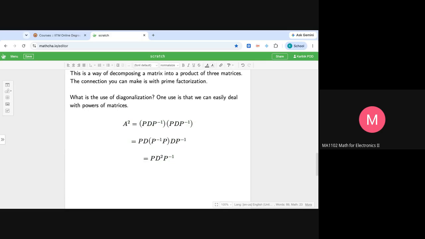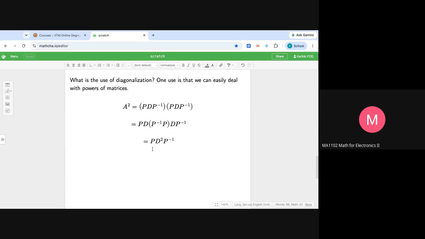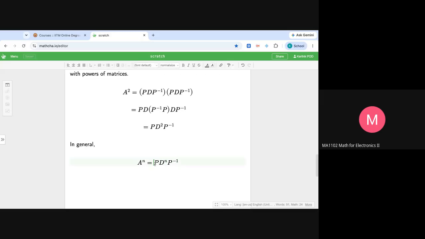And an exponent of a diagonal matrix is very simple. In general, if you want A power n, it's nothing but P D power n P inverse. All you need to do is multiply by P and P inverse on both sides, and D power n comes for free, in a sense.